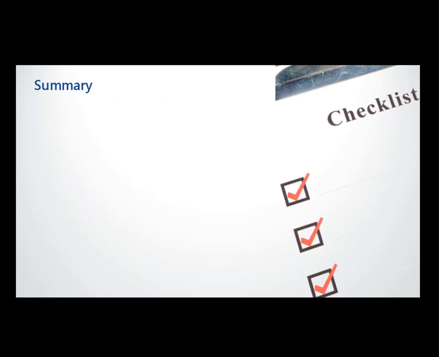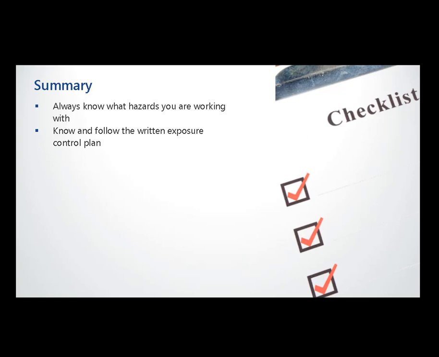In summary, always know what hazards you are working with. Know and follow the written exposure control plan and complete all training. Always follow universal precautions, treating all blood and OPIM as if it's infected with bloodborne pathogens. Use proper PPE.